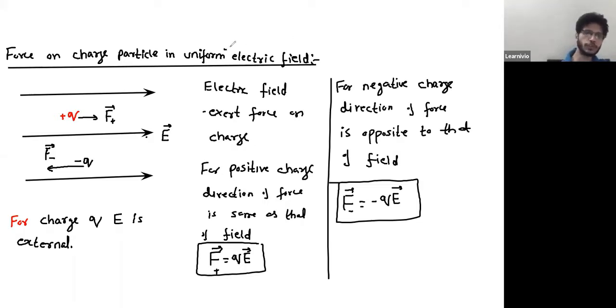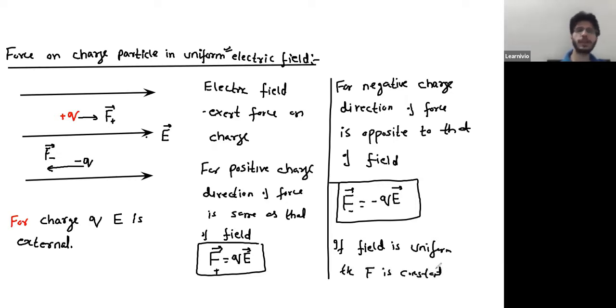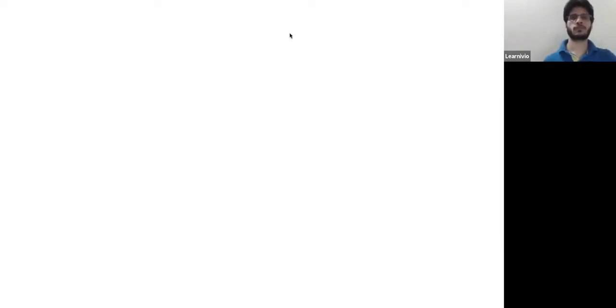If your field is uniform, neither the magnitude nor the direction of the field will change. So these forces are constant. If the field is uniform, then the force is constant. The magnitude and direction of force will not change.